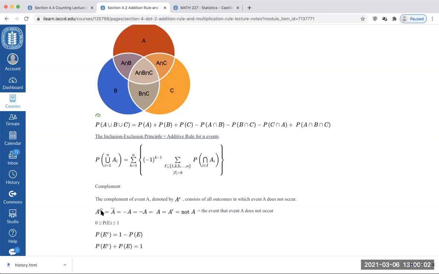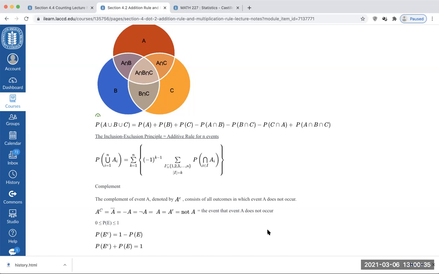So A superscript C, A with a little bar, not A, or a little tilde A here. For some reason, it's not showing. Yeah, see that? If you look here, right below it, it's like the second line. There's a little symbol there, tilde A, A prime, not A. This is the event that event A does not occur.